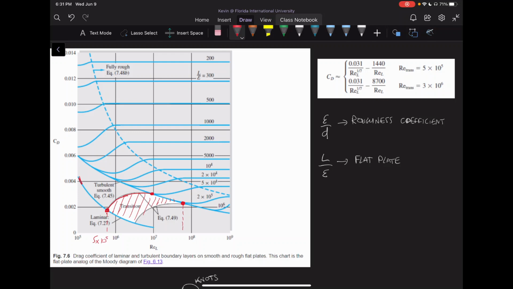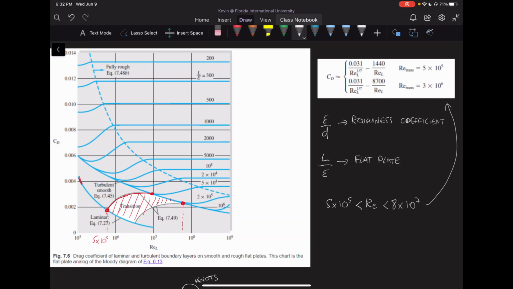So up until our value of 8 times 10 to the 7, between 5 times 10 to the 5 and a Reynolds number of 8 times 10 to the 7, if we know the start of our transition, we have to use the equations that are given above. So we are still in that phase, so we have to use the equations above to correct our value for fully turbulent flow, which would be above that.